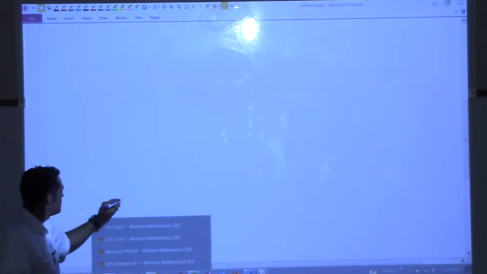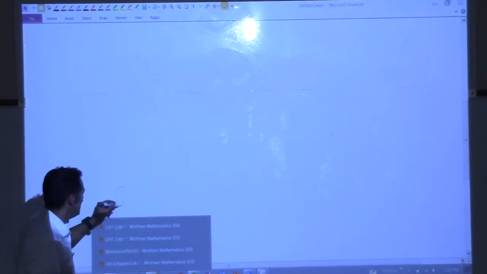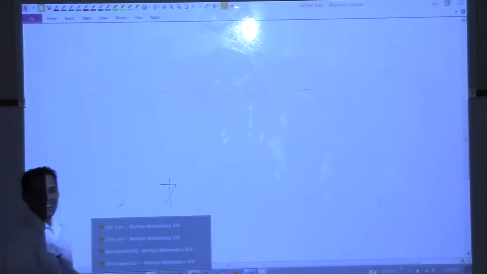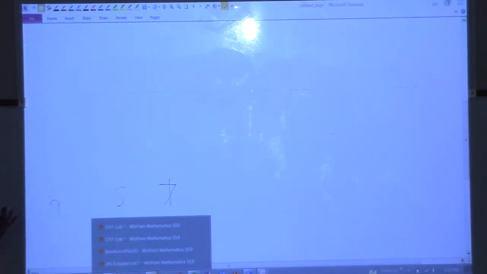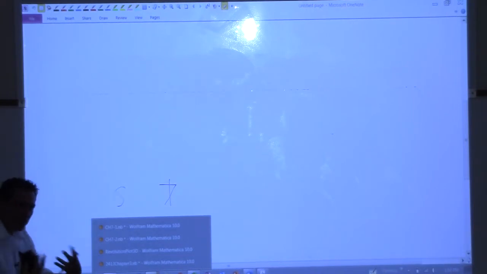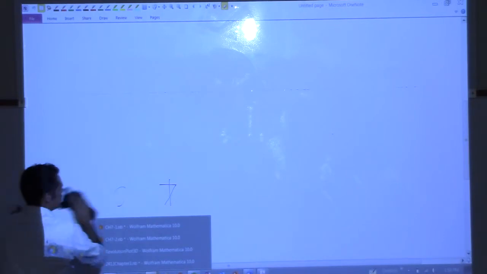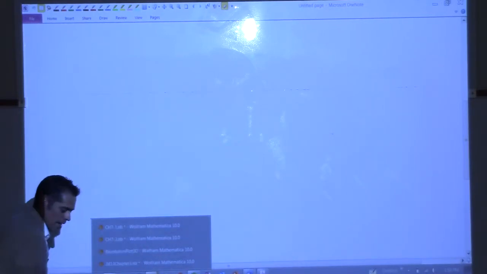We would have a symbol, whatever it is, I don't know, whatever we came up with. But it would look like a number to us, just the way the number 2 looks like a number to us. It's weird, I agree.